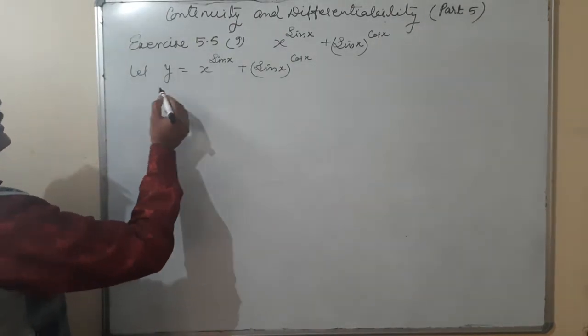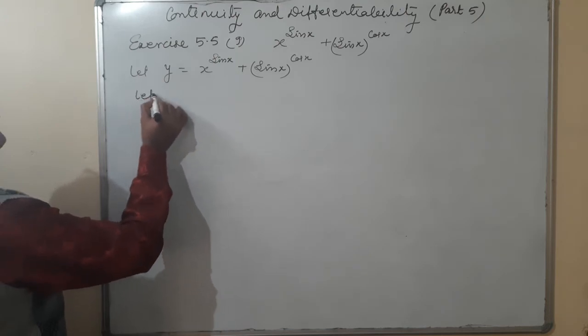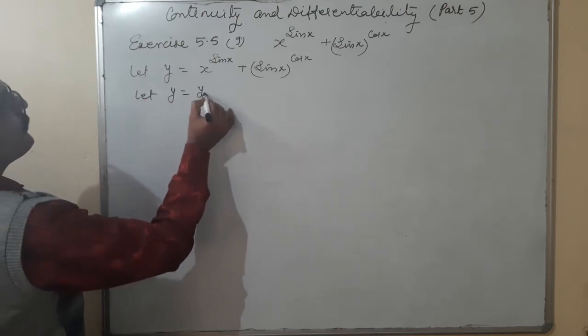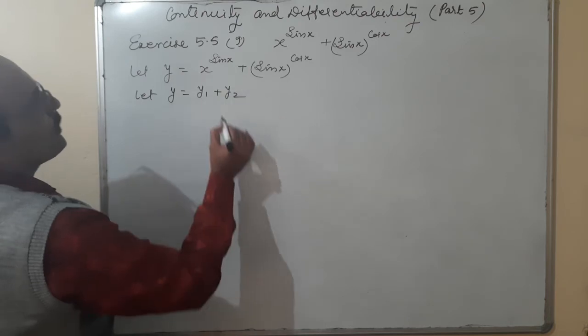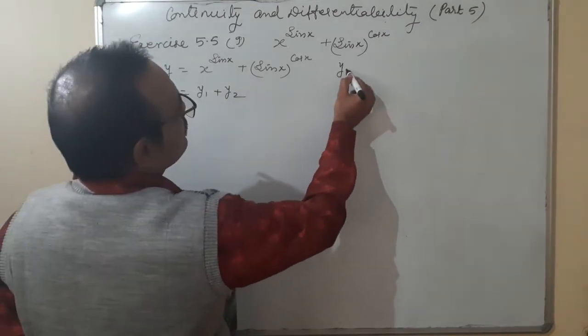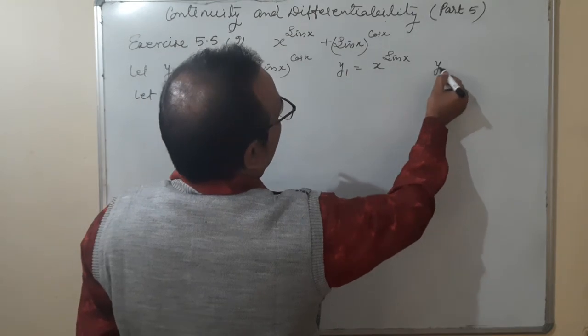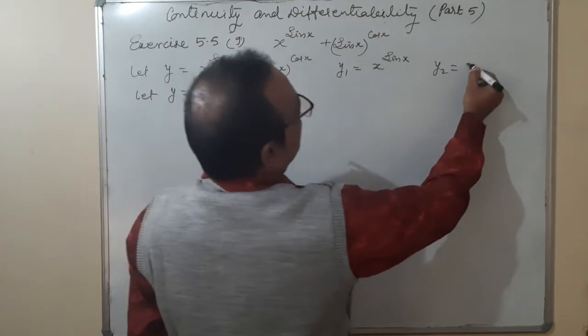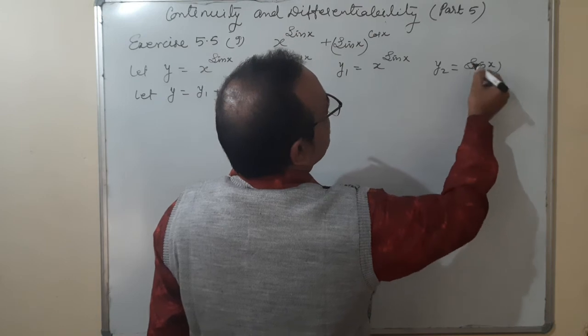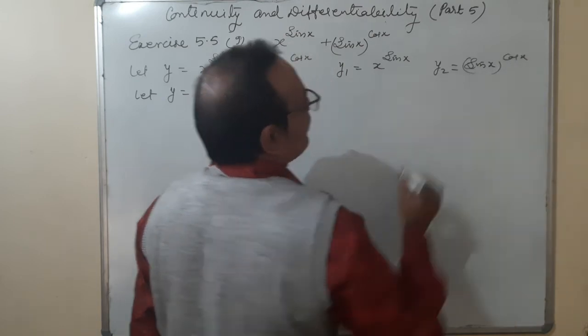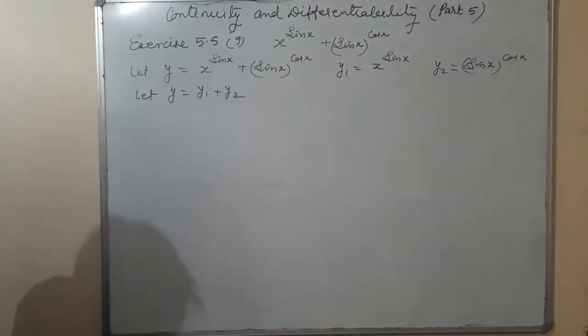Let y is equal to y1 plus y2, where y1 is equal to x to the power sine x, and y2 is equal to sine x to the power cos x. So y is equal to y1 plus y2.